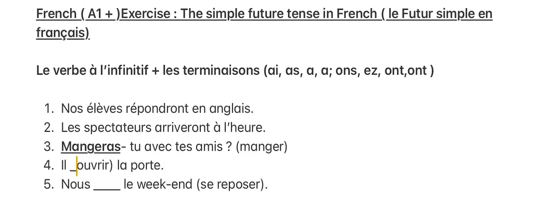So, first step, take the verb in its infinitive form. Second step, choose the correct endings with respect to the subject pronoun. Over here, the subject pronoun is il. So the correct ending is a. Il ouvrira la porte, which means he will open the door.